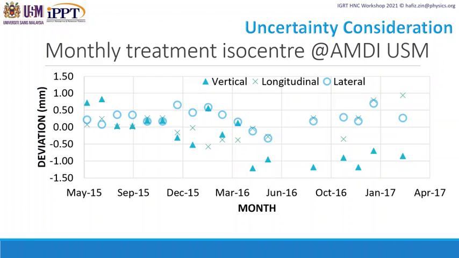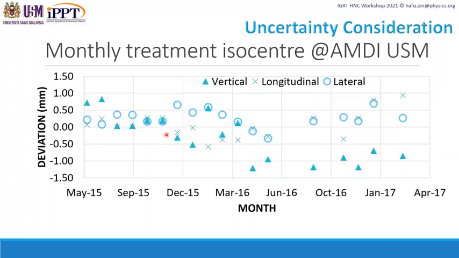For the treatment isocenter test, you can see a similar trend where the accuracy level becomes lower as time progresses, and also the values are actually higher compared to the imaging isocenter accuracy.